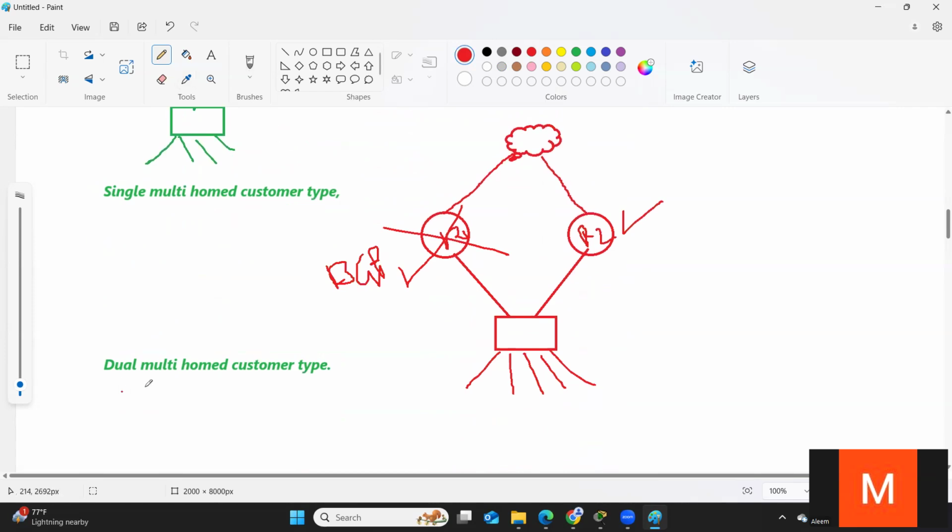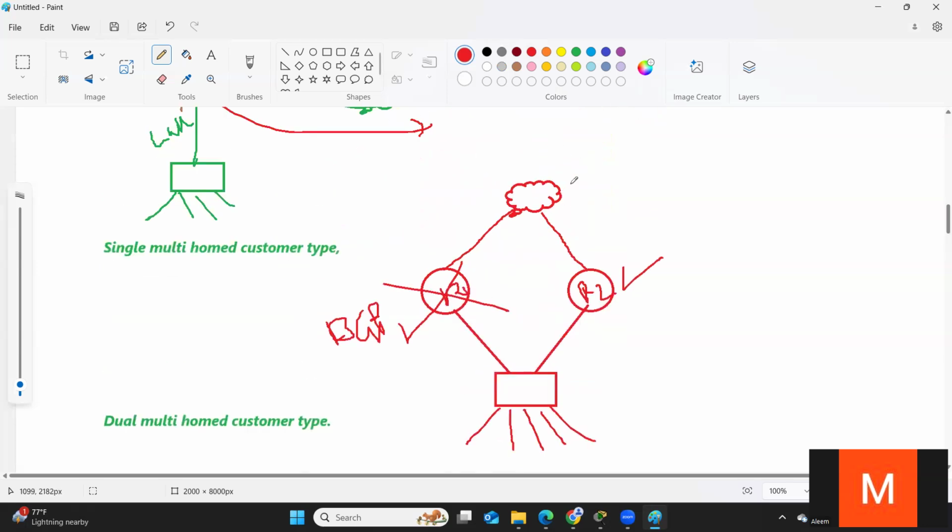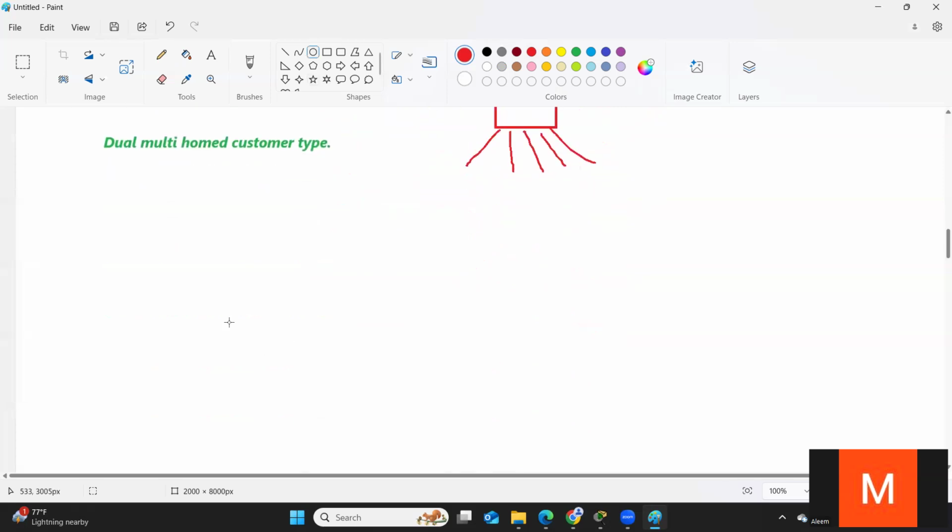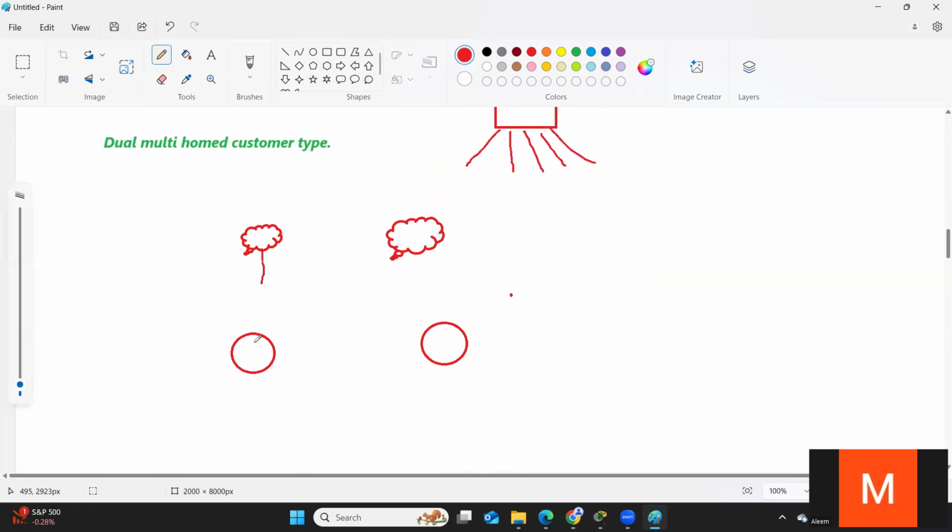Again, what about the dual multi-homed customer type? Here we have a single ISP, but here we will use dual. Mostly we will use two core routers, and these two core routers are connected to different ISPs. So this is our LAN.